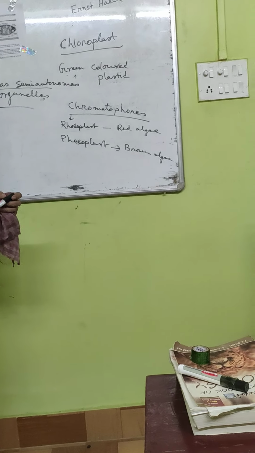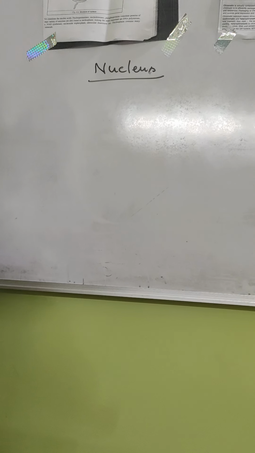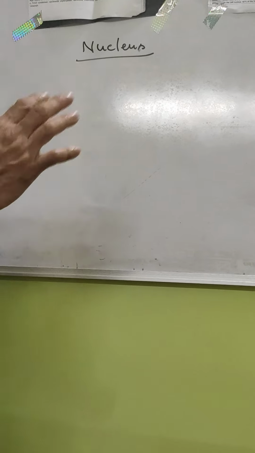Now we shall go to the nucleus. As all of you know, a cell contains protoplasm, which consists of nucleus and cytoplasm. What is the nucleus? The nucleus is the headquarters of all cellular activities.